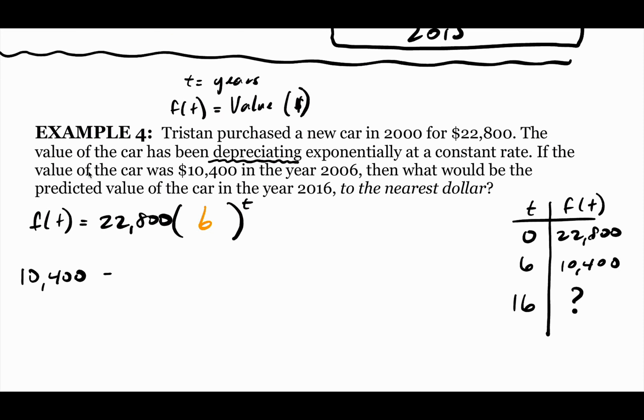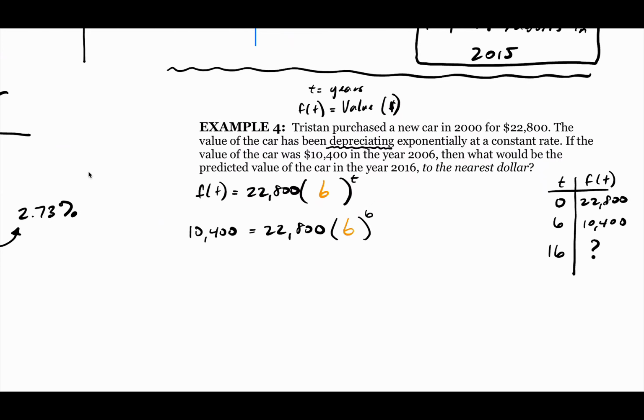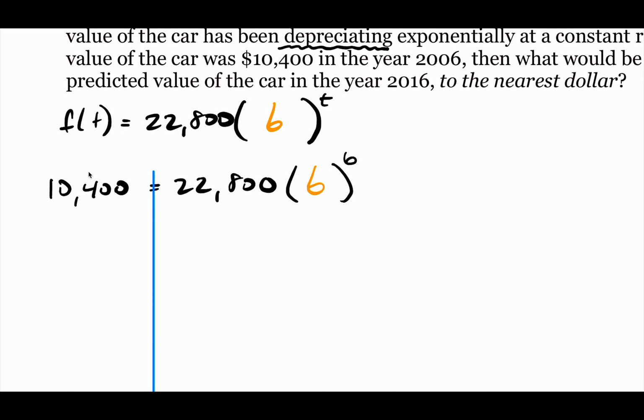So I'll use 10,400 equals 22,800 times B to the 6, since this 10,400 was in year 6. Like I've done before, I'm going to divide.